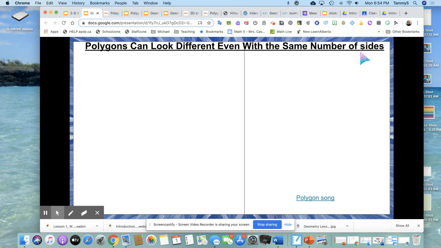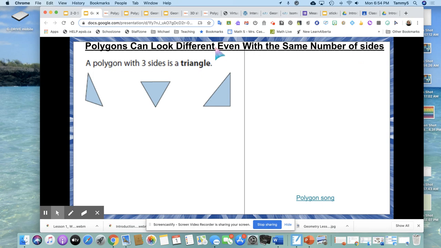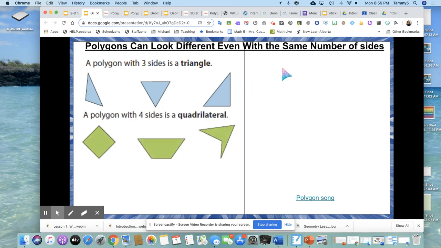Now, polygons can look different even though they have the same number of sides. Triangles can look really different depending on the angles between the lengths of the sides. So here are 3 different looking triangles. Quadrilaterals can also look very different.